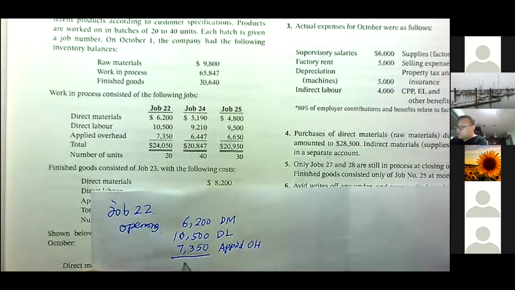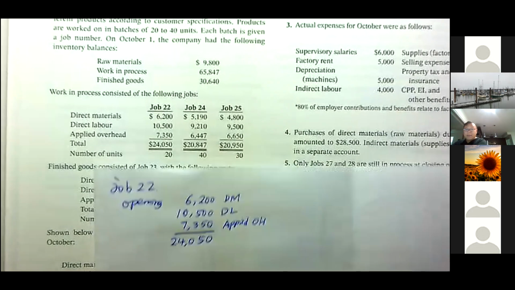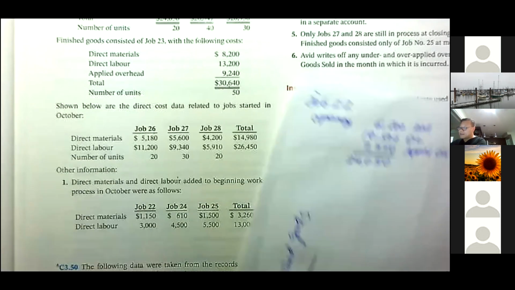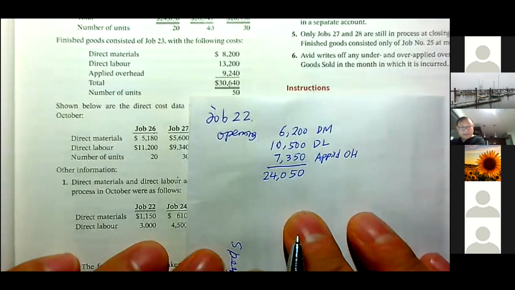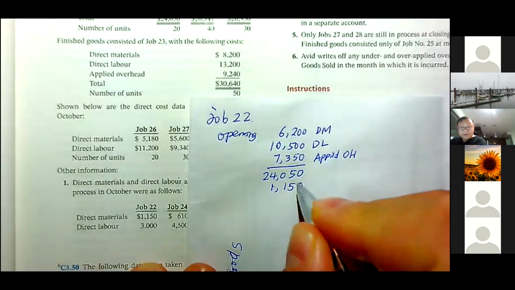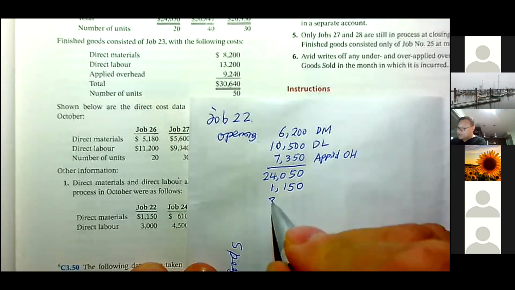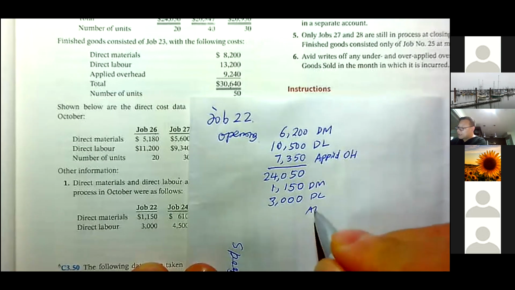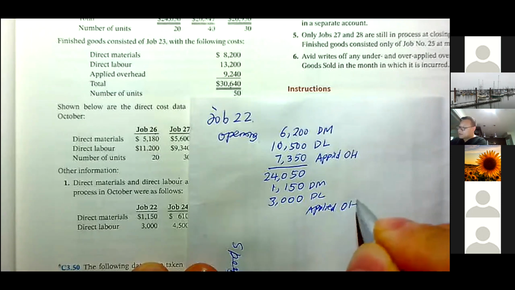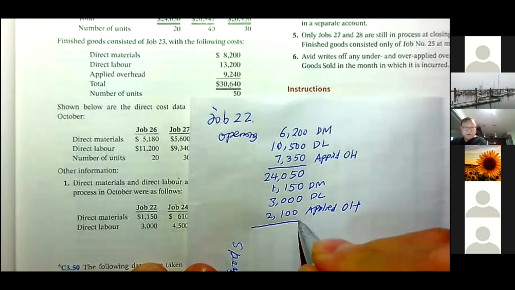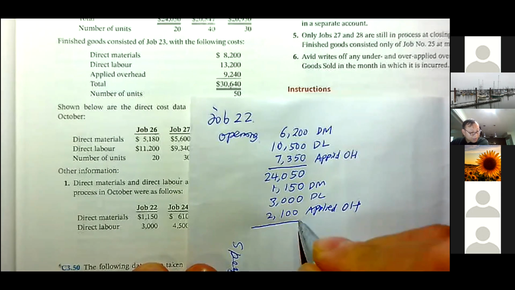The total is 24,050. That's job 22, but we also have additional cost in October, so we add materials 1,150, direct labor 3,000, and applied overhead, 70% of 3,000, which is 2,100.